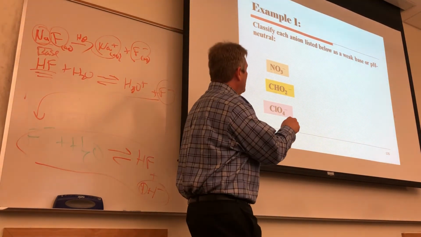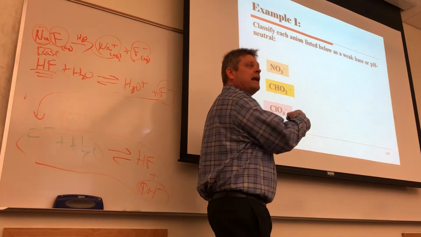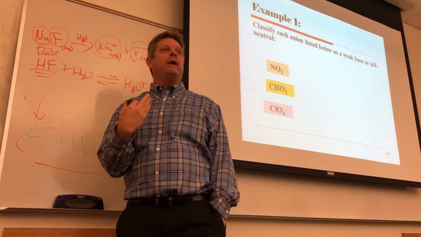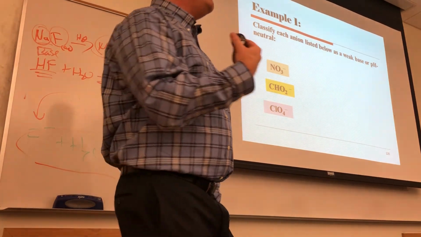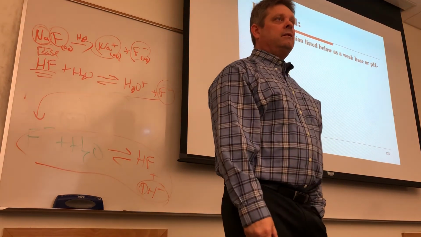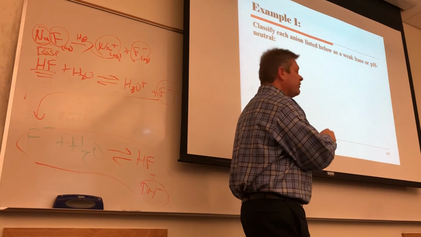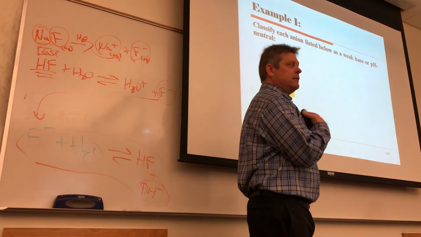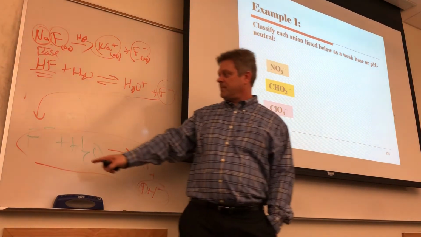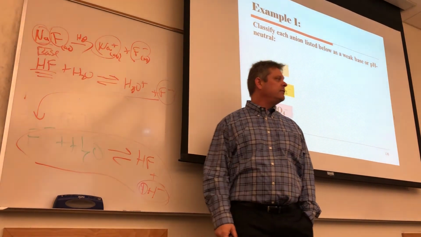I want to look at the actual acid that this came from, and then I make a determination, is that strong or weak? Right? And if it's strong, what solution would this give me? A pH neutral solution. If it's weak, what would the solution give me? It would give me a basic solution.